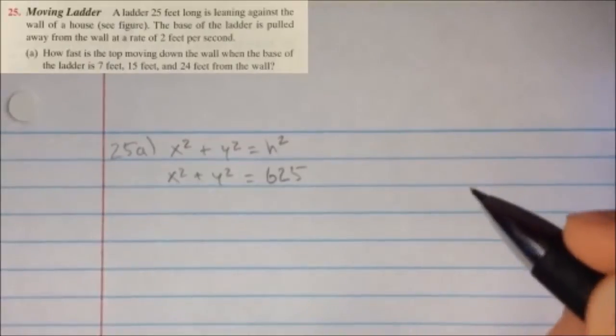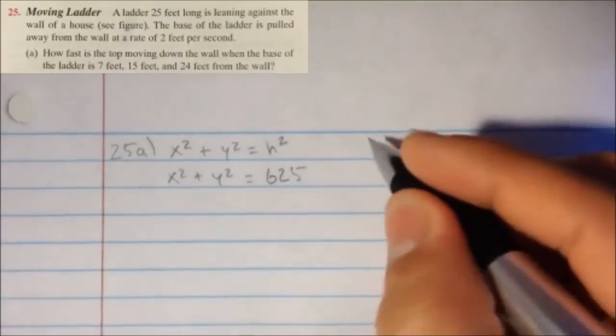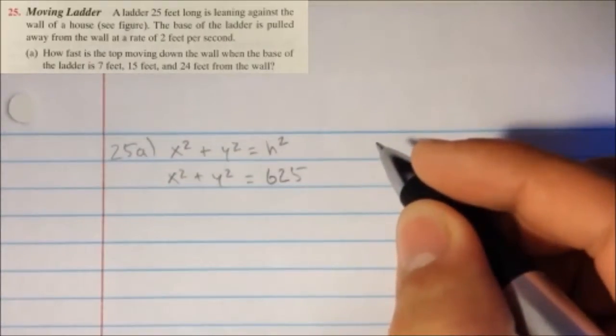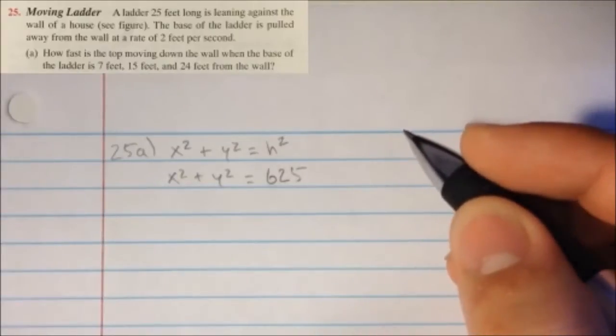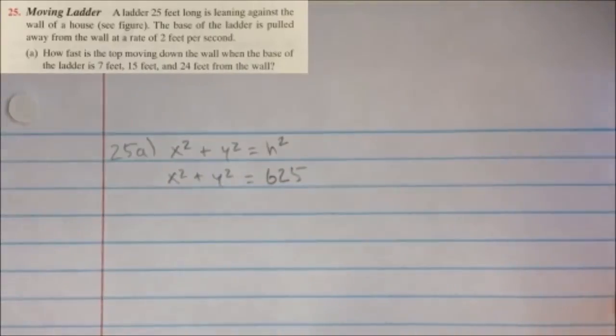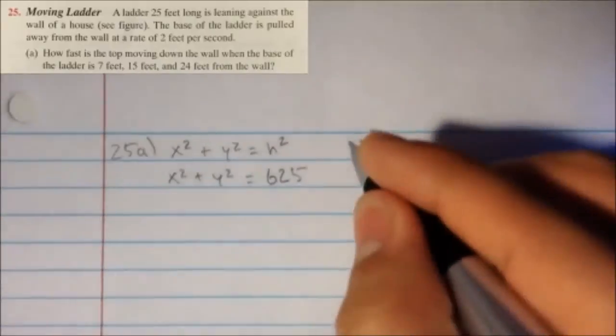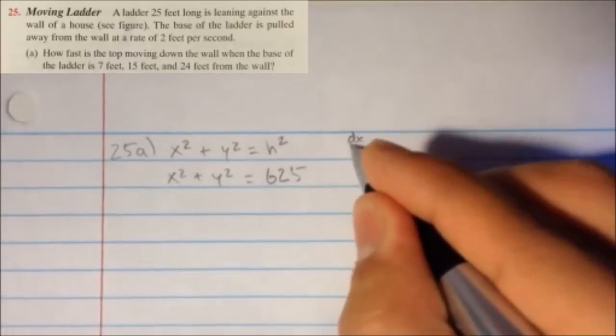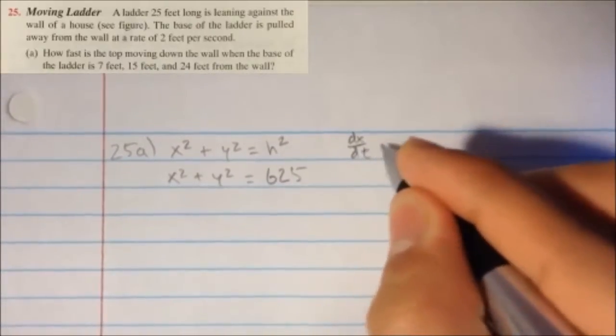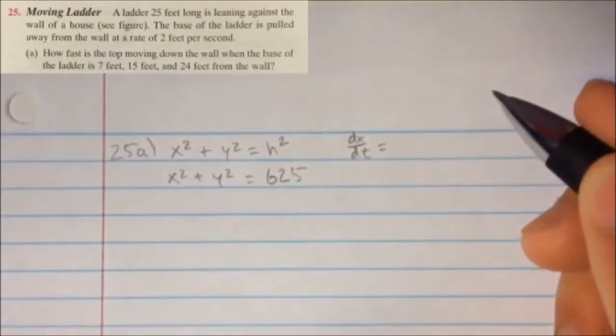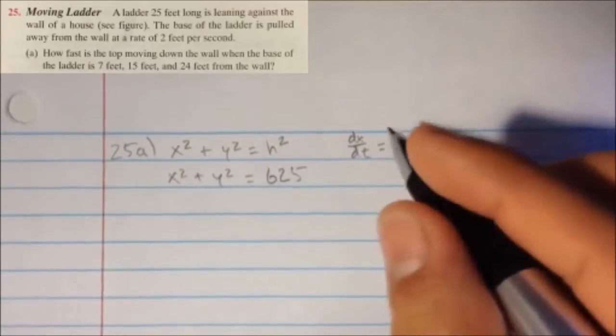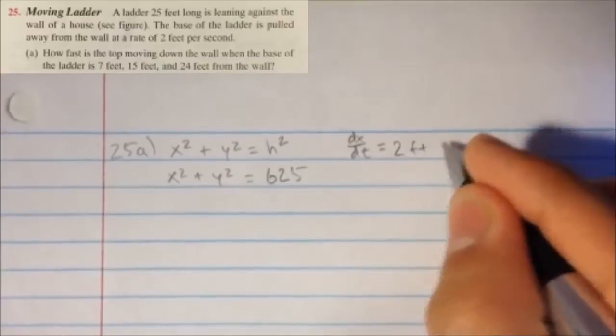Now, the problem also gives us the fact that the rate at which the base of the ladder is increasing, or the bottom of the ladder is going away from the wall, is 2 feet per second. So we can say that dx/dt, the derivative of x with respect to time, is 2 feet per second.